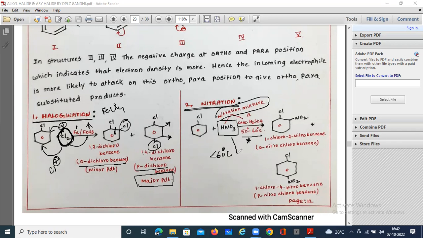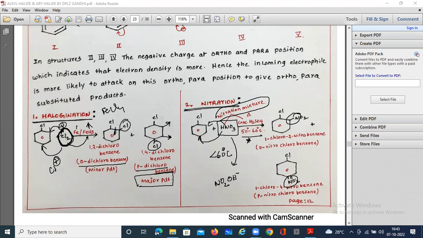So how can we write HNO3? It is an acid, so on removal of the OH minus base part, what remains is NO2. That's why we can say HNO3. So the NO2 from HNO3 can attack at the ortho and para positions like this. When it is at the ortho position, what product is formed? 1-chloro-2-nitrobenzene, otherwise ortho nitrochlorobenzene.